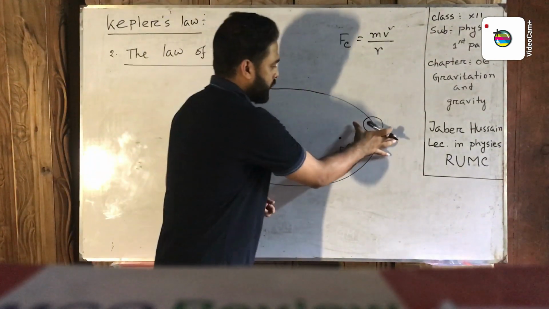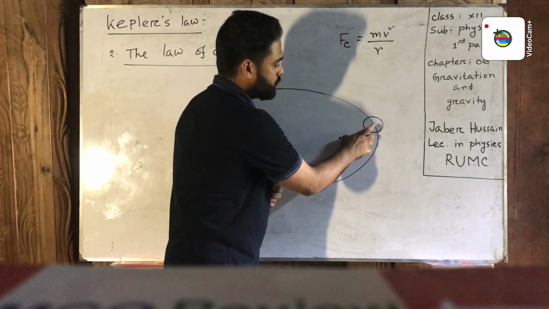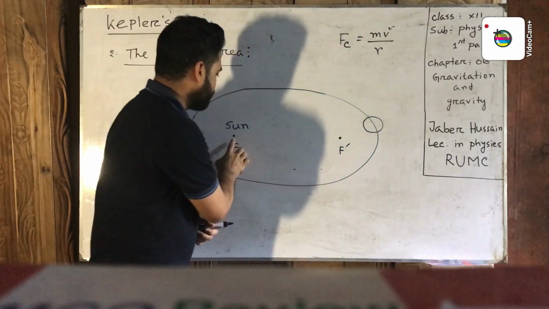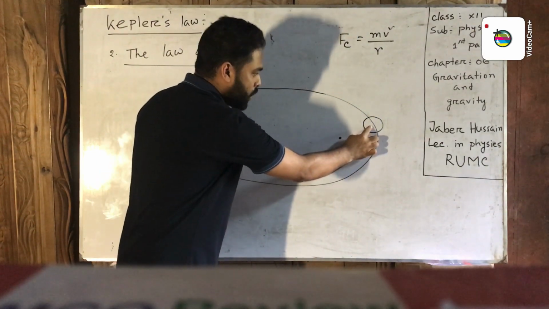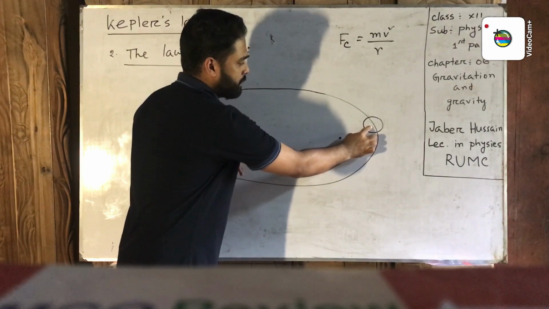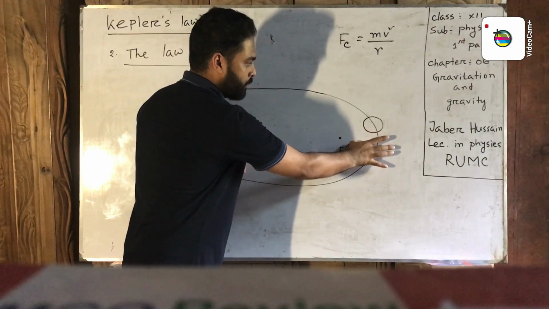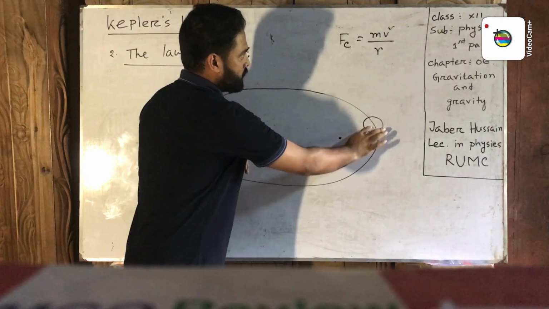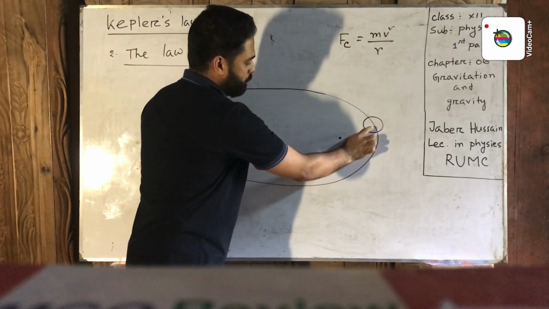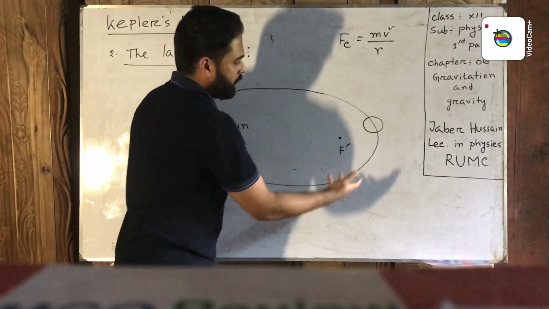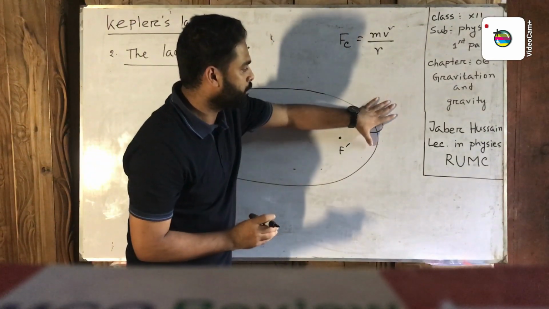On the other side, the gravitational attraction force on the planet by the sun will be smaller. For this reason, the centripetal force also is smaller. For this reason, the velocity of the planet will be smaller. In this region, the planet moves slowly.